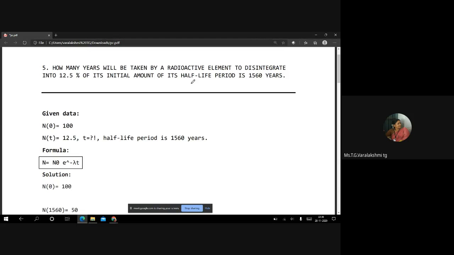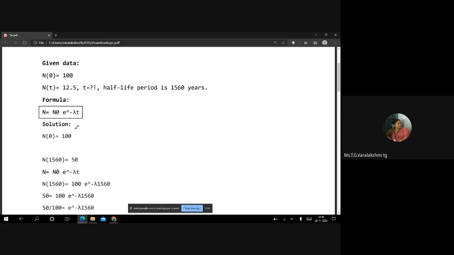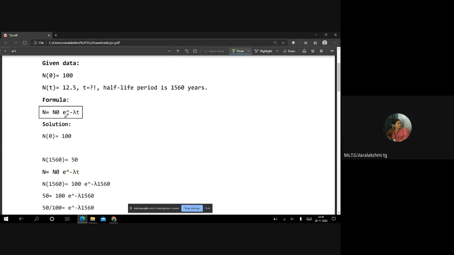And in the question they have also given an additional thing, that is the half-life period is 1560 years. Just keep on substituting in this single formula. We are just using one single formula here.